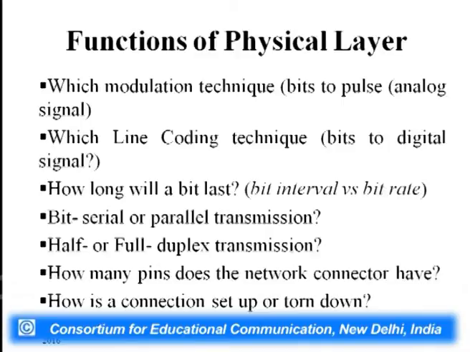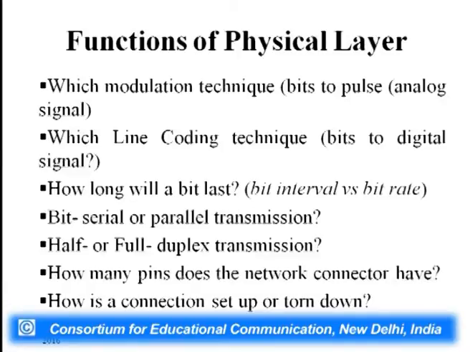Then what kind of line encoding techniques are to be used, that is bits to digital signals. If bits are used, then they have to be converted into digital signals. So, bit to signal, signal to bits, and then modification of a signal. So, encoding schemes and the modulation techniques are very key functions of the physical layer.